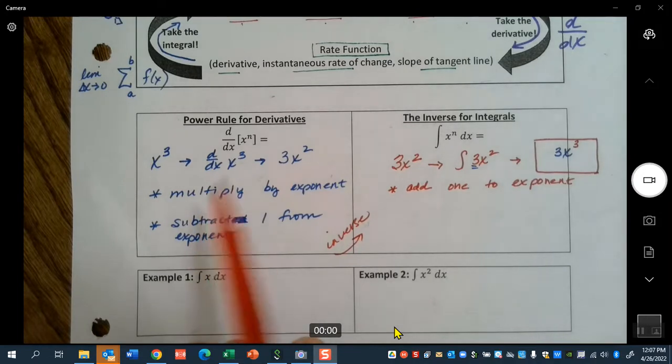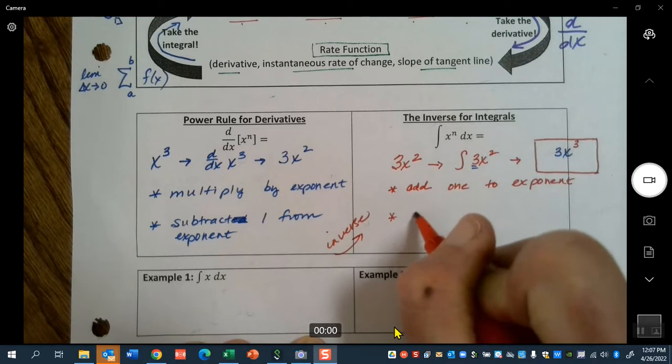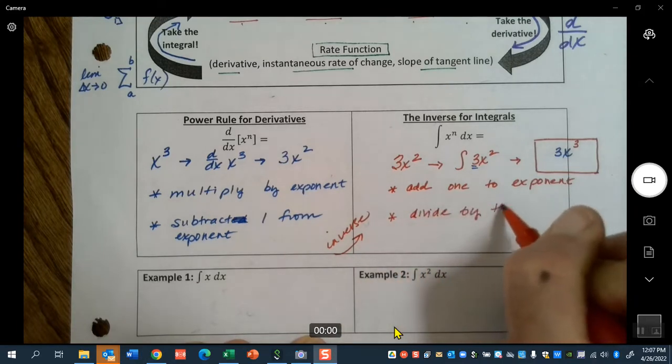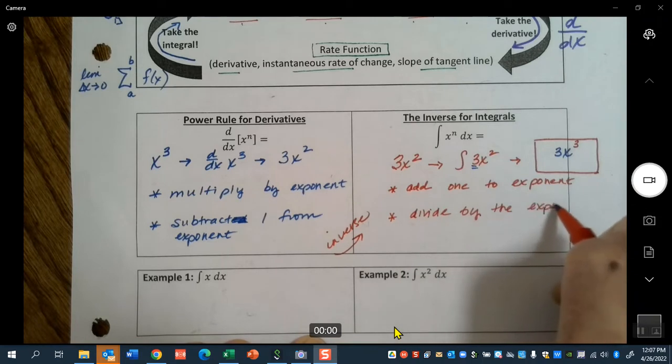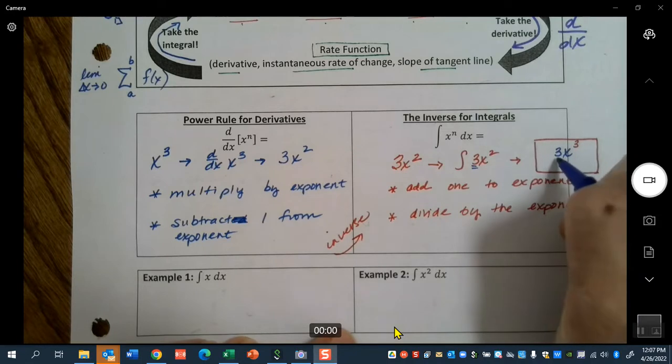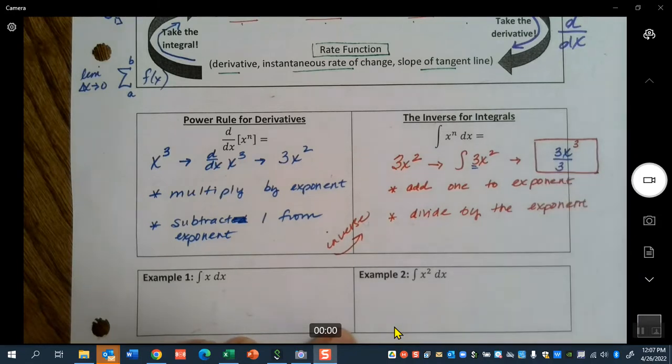Instead of multiplying by the exponent, now I need to divide by the exponent. So here we have, divide by 3.